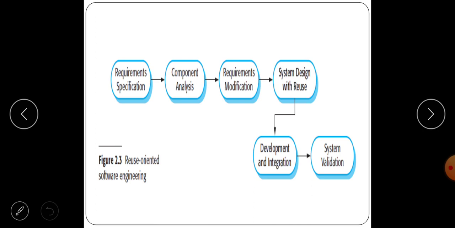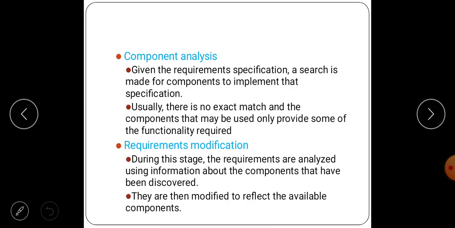Next, the reuse oriented software engineering process has these stages: requirement specification, component analysis, requirement modification, system design with reuse, development and integration, and system validation.